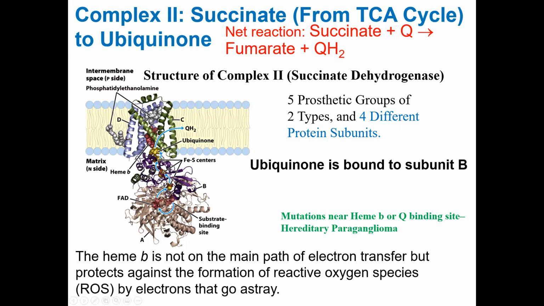Now in A, just behind, you can see they are showing you the FAD moiety right here in the pink or whatever color you are seeing. Behind that FAD is where the substrate binding site is. And that's in subunit A, right here in gray.